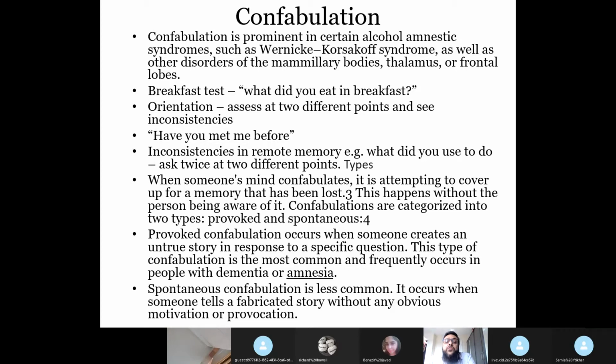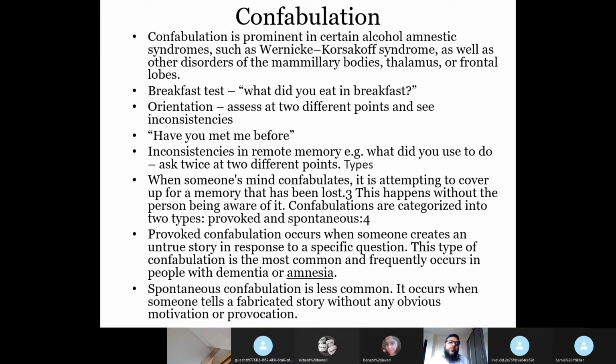So they may not know the exact date, but overall they know what's going on. So there could be some orientation difficulty in time and place and person due to amnesia only, not due to visuospatial agnosia. Have you met me before?